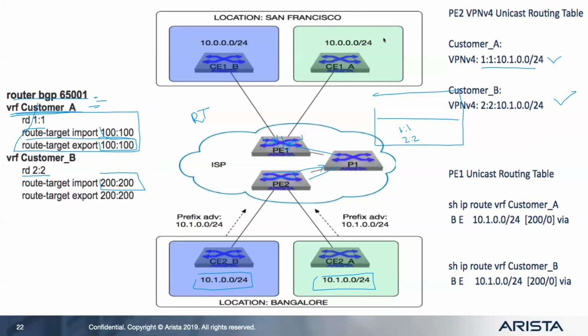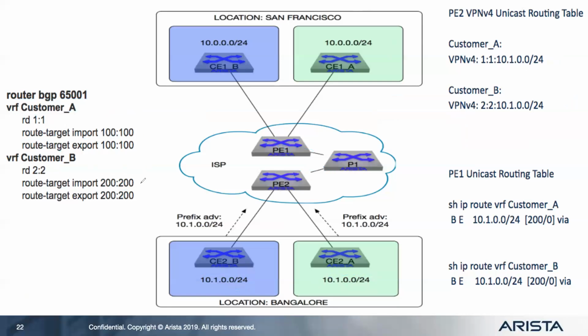Now let's see. So this is the configuration. Now what will happen? You receive this 10.1.0.0 route in the customer B VRF. Similarly, you receive the same route in the customer A VRF. Now you check the configuration in the customer A VRF, that RD is 1:1.